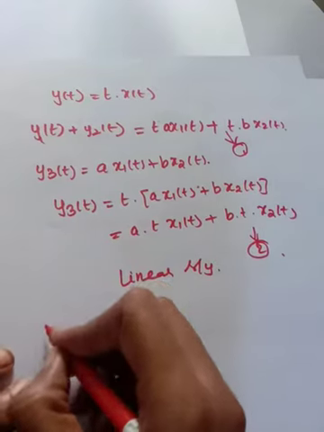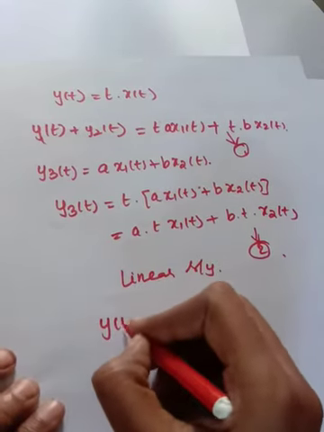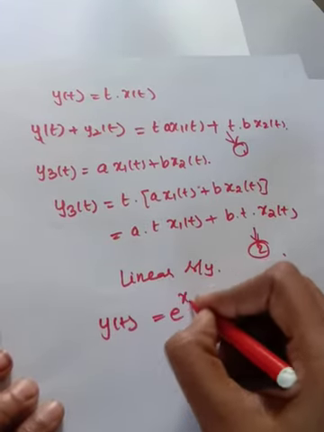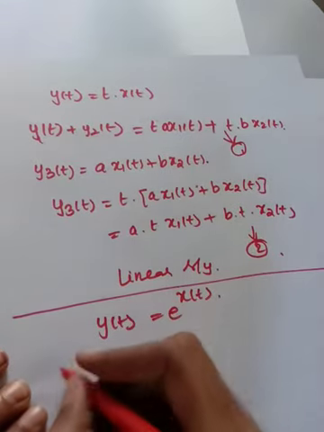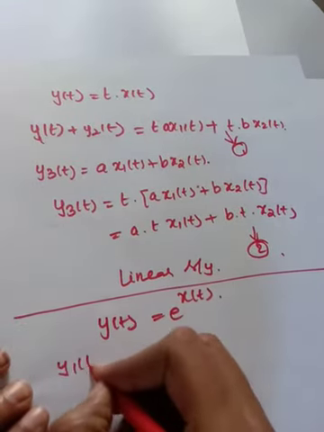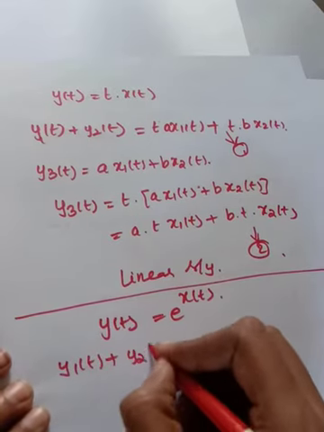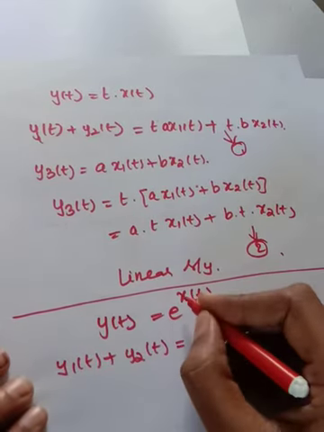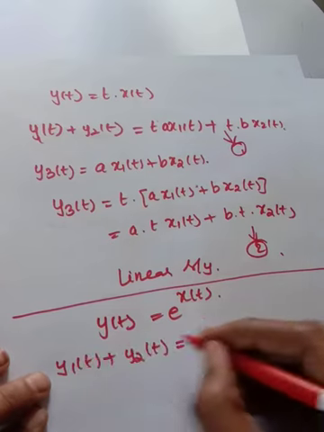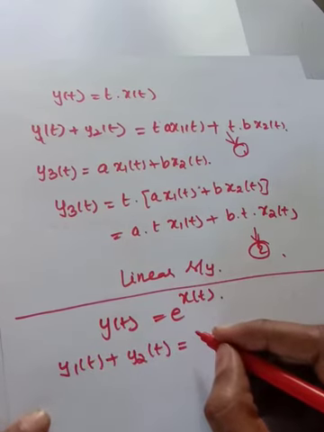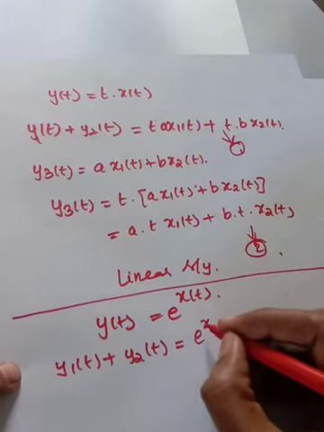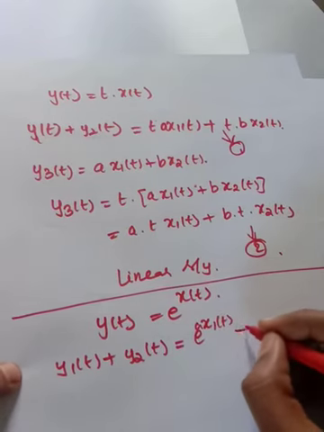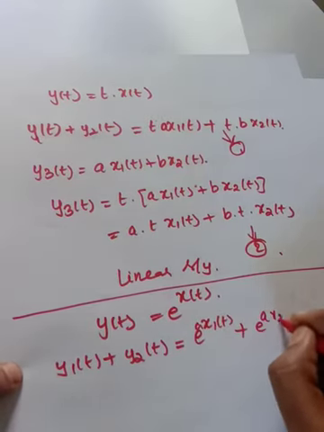Next see the fifth one, y of t is equal to e to the power x of t. First we need to find y1 of t plus y2 of t. When the input is x1 of t, the output is y1 of t, so e to the power x1 of t plus e to the power x2 of t.